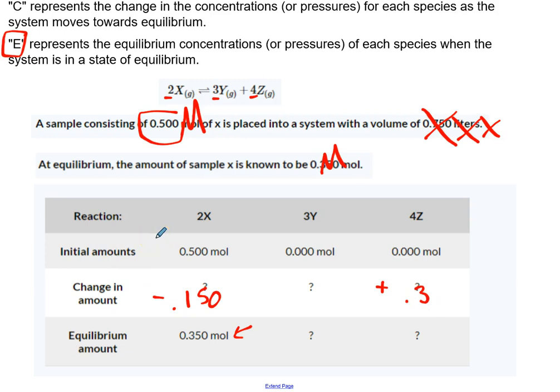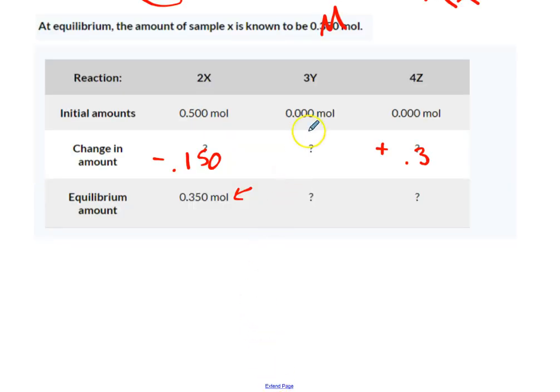The reason it's positive is because reactants go down over time, and products do what over time? They go up. Are we okay with that? Now, if you're fine at math, you may already know this number, but I'm going to teach you how I did it when I was your age, because I wasn't super good at 2/3 or 3/2.